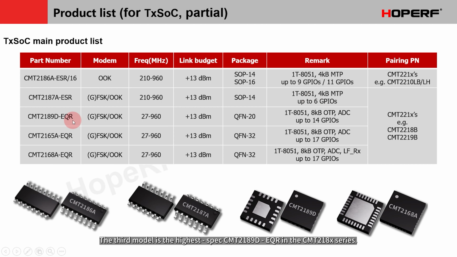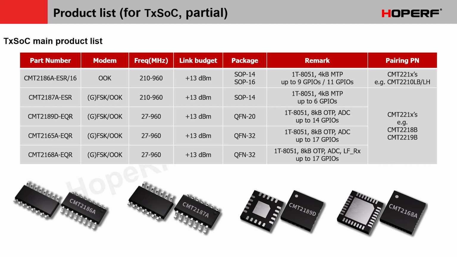The third model is the highest spec CMT2189D EQR in the CMT218X series. This chip supports OOK and FSK modulation modes, with a better and wider frequency range, supporting 27 MHz to 960 MHz. The maximum output power is plus 13 dBm, packaged in QFN20.